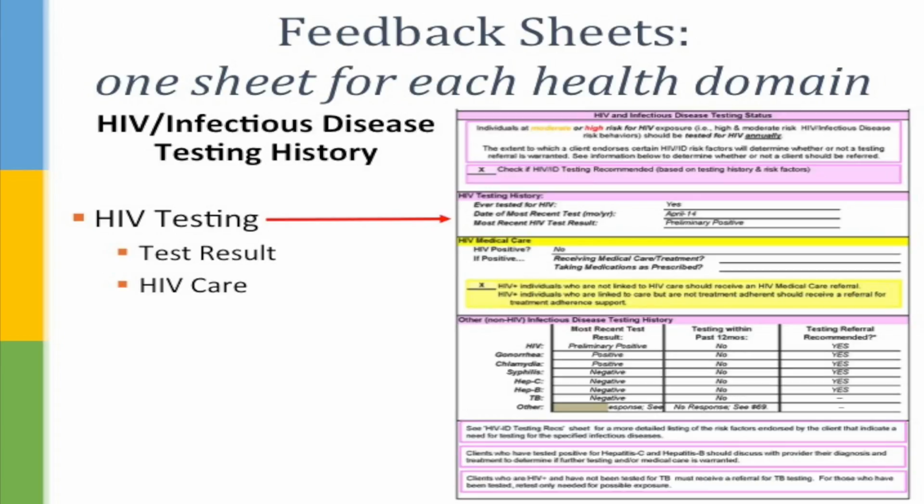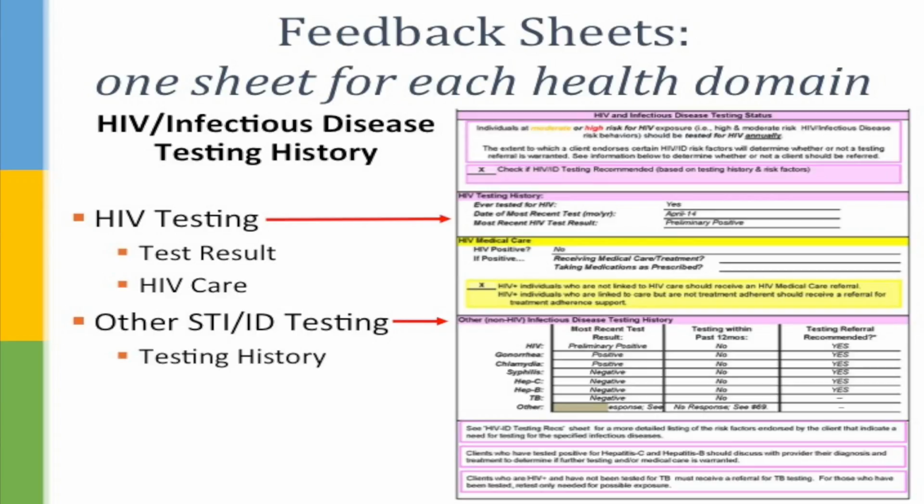We also focus on STIs because those are risk factors that contribute to HIV or make them particularly vulnerable to HIV. And there are also consequences of substance use. So we ask about all the different STIs, but you also get feedback about whether they have received testing for TB, Hep C, Hep B, and whether they were positive in the past, and whether they need testing now.